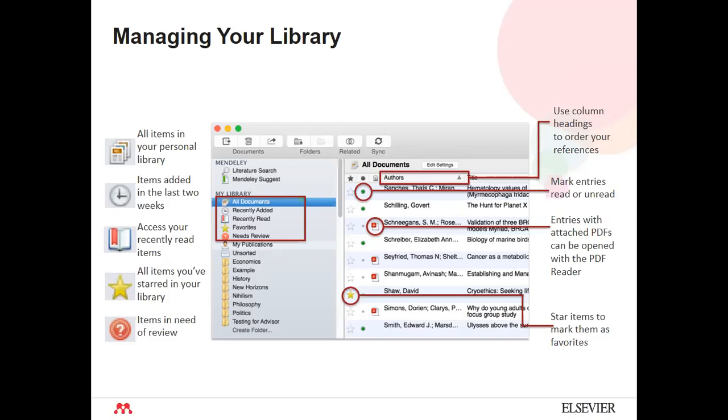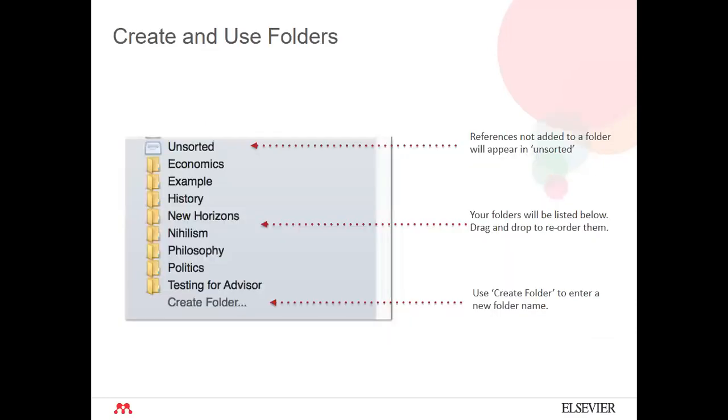Another way to manage your references is to create folders. I believe they will be renamed collections in the new release of Mendeley. You basically drag and drop references into folders, which can be topic, subject, or for classes or whatever.